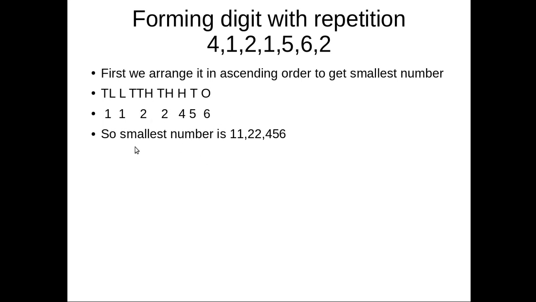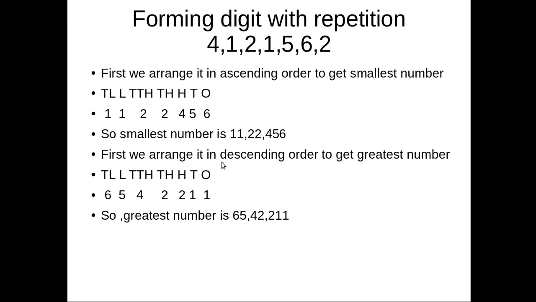So our smallest number is 11 lakh 22,456. Then to get the greatest number, we arrange the digits in descending order: 6, 5, 4, 2, 2, 1, 1, and we get the greatest number, that is 65 lakh 42,211.